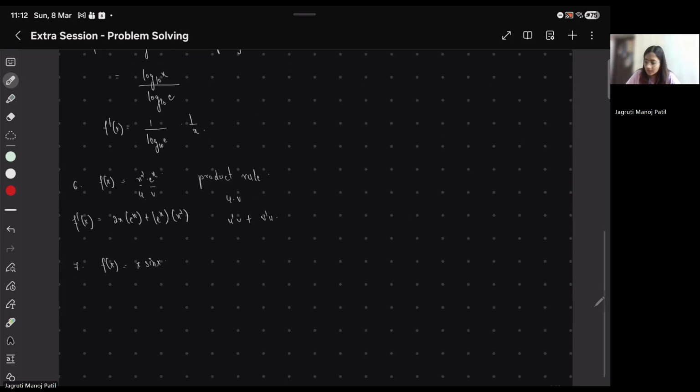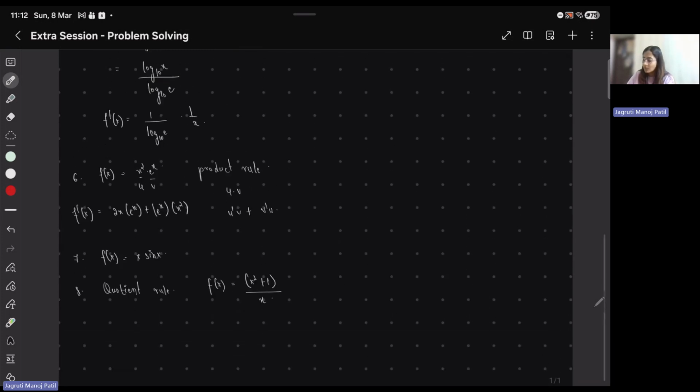Okay. Then there's a nice one for the quotient rule. We already studied that the quotient rule can also be solved using the product rule. Instead, you can take the denominator out and multiply it with the numerator. So if you have x square plus 1 whole by x, what do you do here? You take the denominator outside.